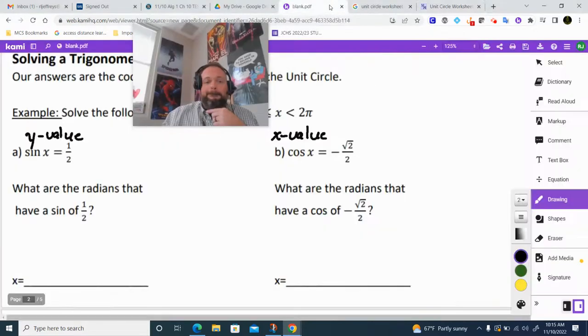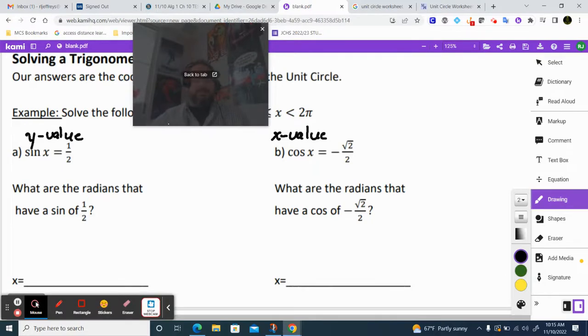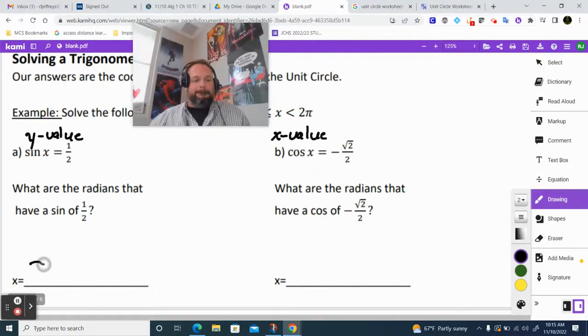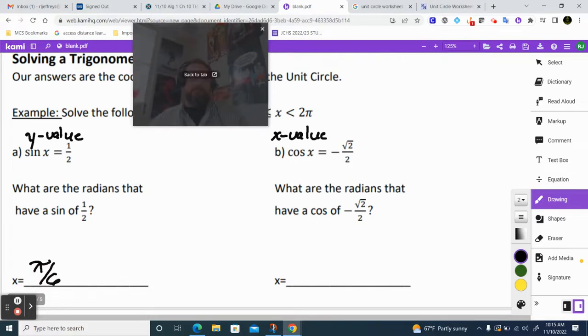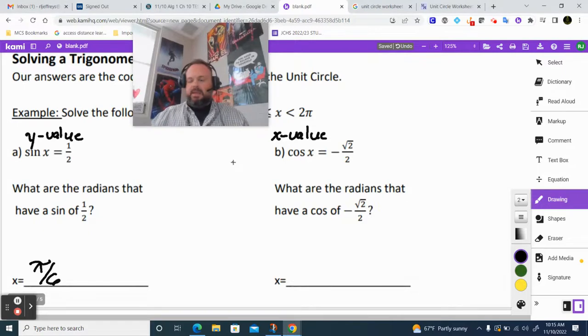So guess what? That's our answer: pi over 6, comma, 5 pi over 6. That's it.